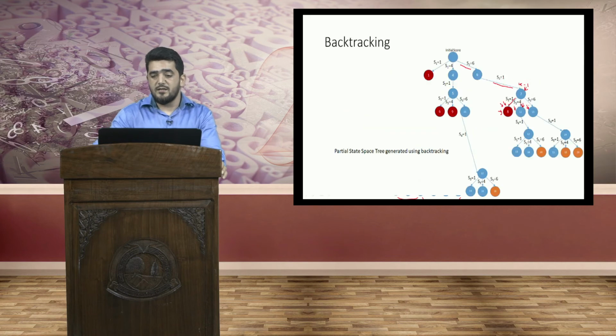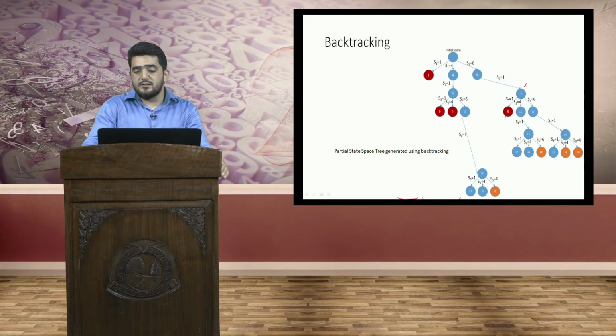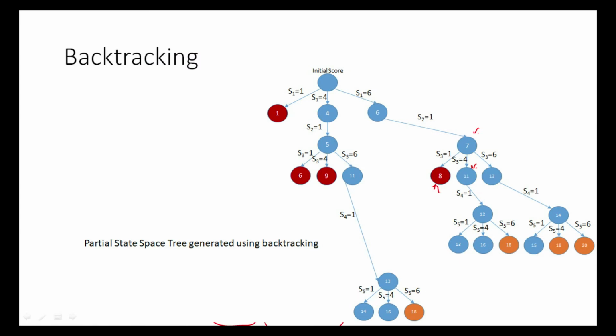For example, in our earlier case, let's suppose we had reached this point, and we found that this is not feasible, so we backtrack and choose this. The bounding function tells us yes, you can proceed by considering this node. So since this is k minus 1, this is k, we'll simply increment k by considering the next decision.